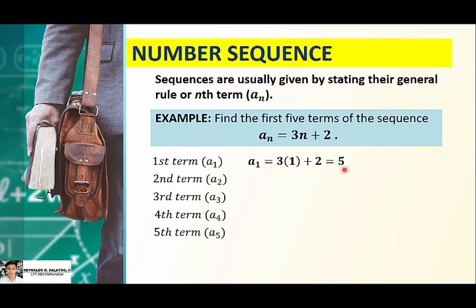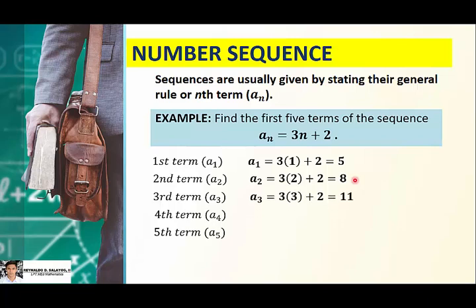That is the first term. For the second term, n is equal to 2. Substitute 2 for the variable n: 3 times 2, that's 6, plus 2 gives us 8. We can say that 8 is the second term.